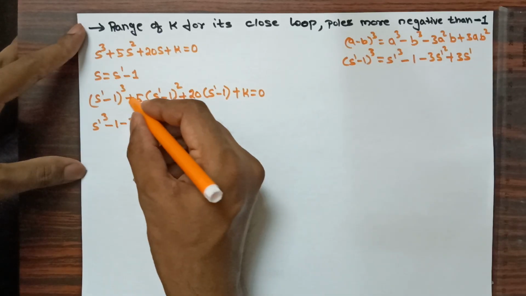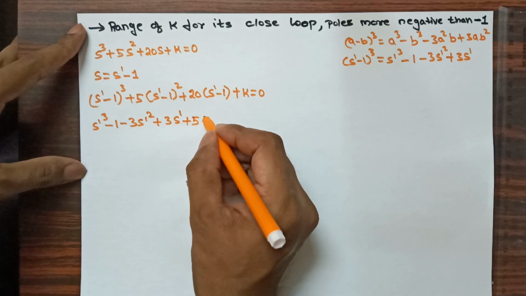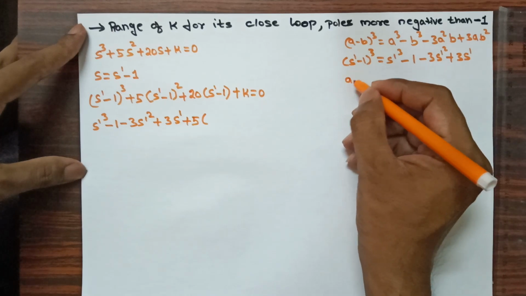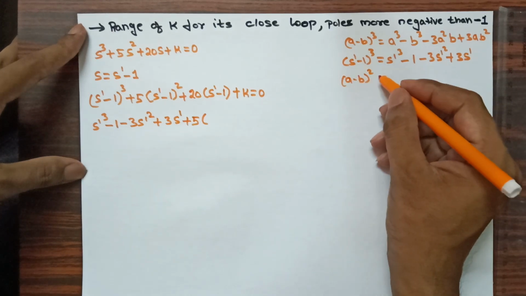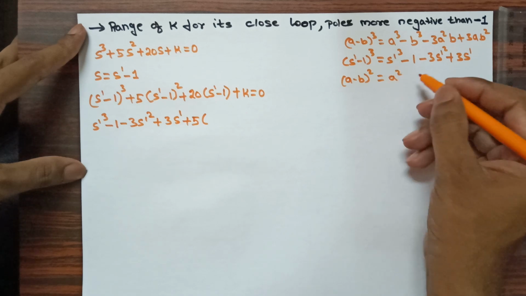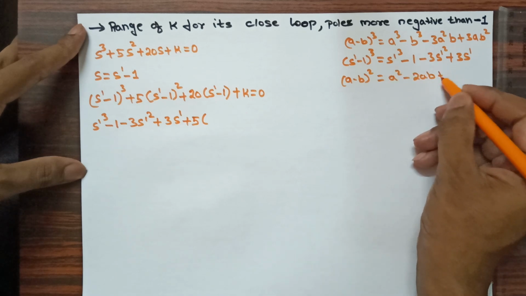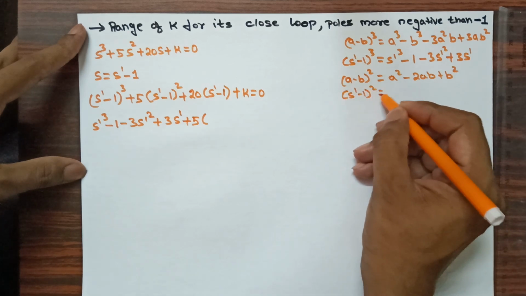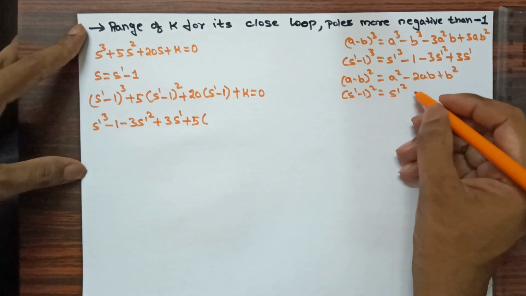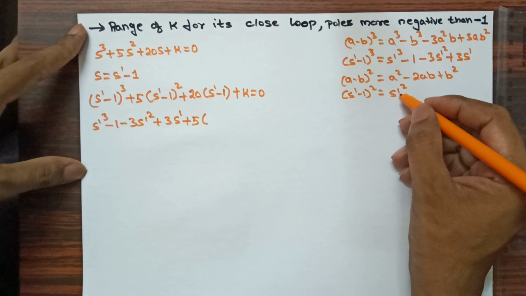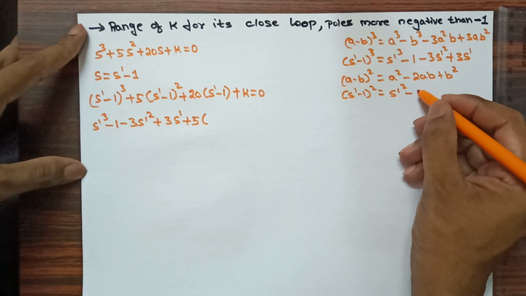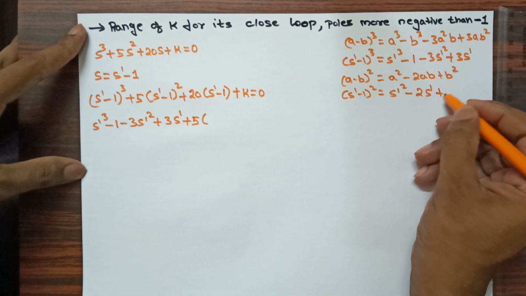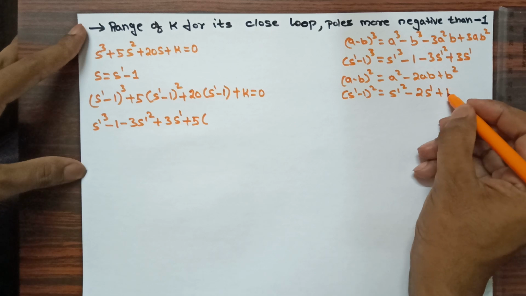Next, plus as it is 5 into, here I need to write now (s dash minus 1) whole to the power of 2. We know the (a minus b) whole square formula, that is a square minus 2ab plus b square. In this, (s dash minus 1) whole square is equivalent to s dash to the power of 2 minus 2 s dash into 1, that is 2 s dash, plus 1 square, that is 1.